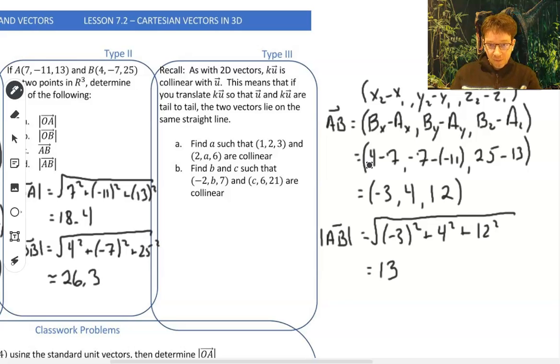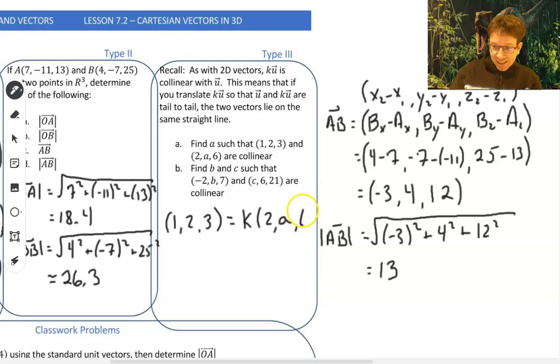Okay, so part A says find the value of a such that this vector 1, 2, 3 and this one 2, a, 6 are collinear. So for those to be collinear, what we need to have is this vector 1, 2, 3 needs to be some scalar multiple, let's call it k, where k is a scalar, times 2, a, and 6.